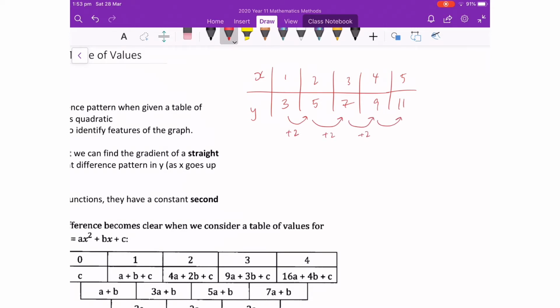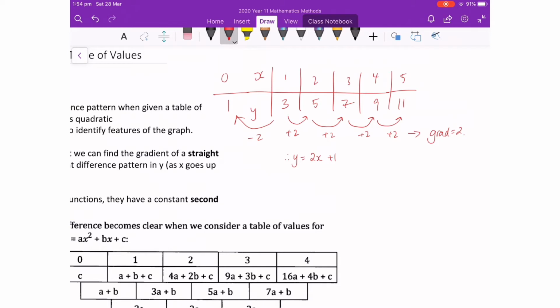Now that constant difference pattern indicates that it's linear and tells me my gradient is equal to 2. And then I could work out what my y-intercept is and go back 1 and take 2 away, and find that my intercept is going to be 1. So for example, this line here would equal 2x plus 1.